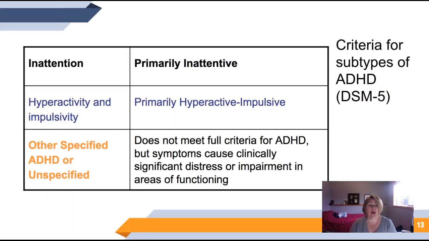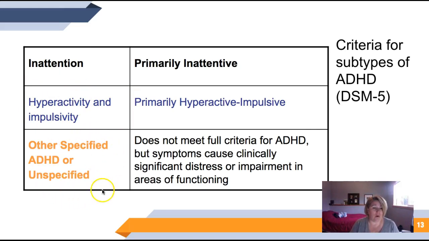All right, and here are a couple of subtypes of ADHD in the DSM-5. One is inattention, and another is hyperactivity and impulsivity, meaning that as part of having ADHD, you are primarily hyperactive or impulsive.